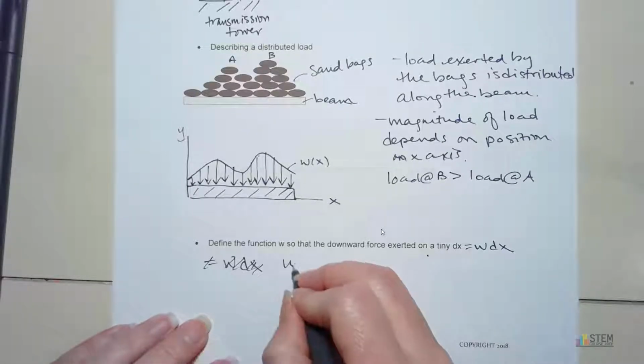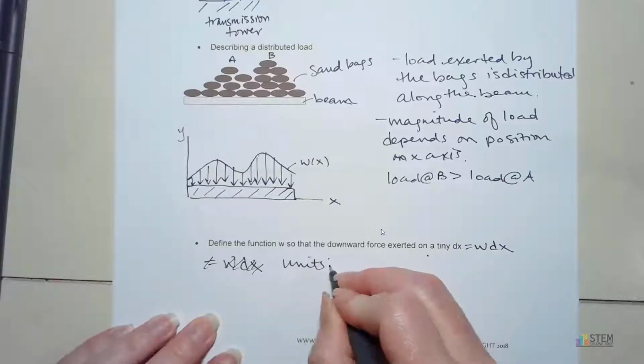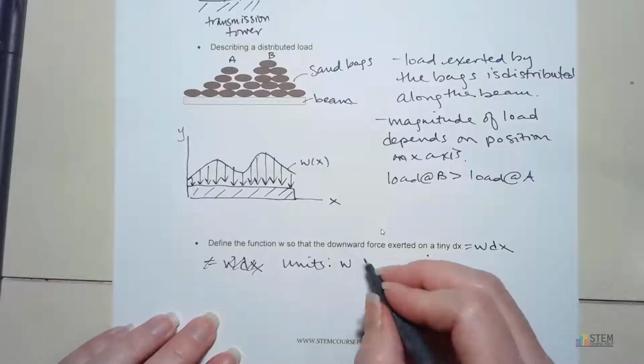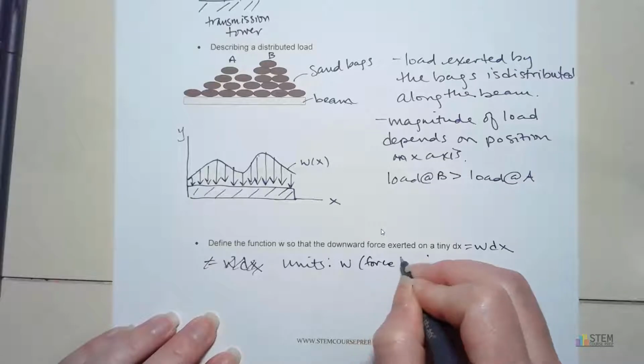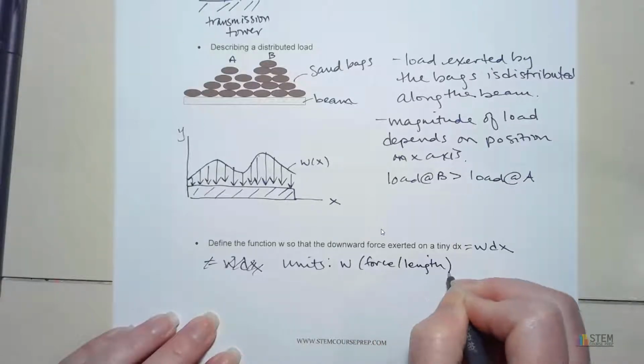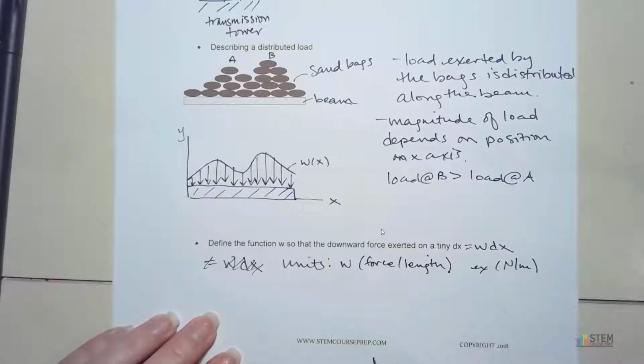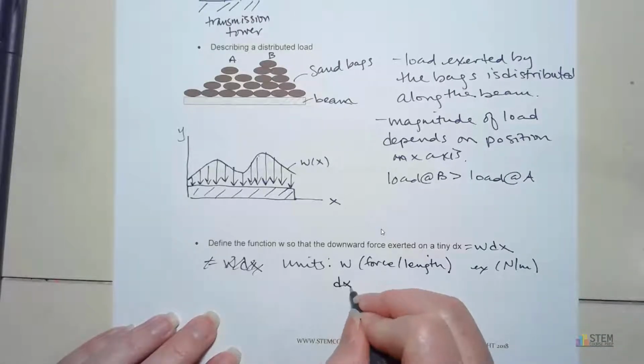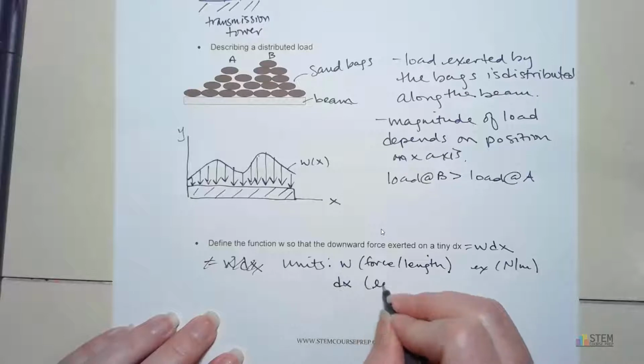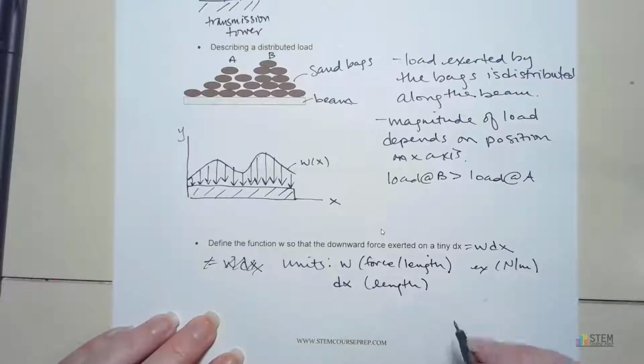Now our units for this, we're going to have W, and that's going to be force per length. So for example, newtons per meter. The dx, that's just a distance, so that's going to be a unit of length, for example, meters.